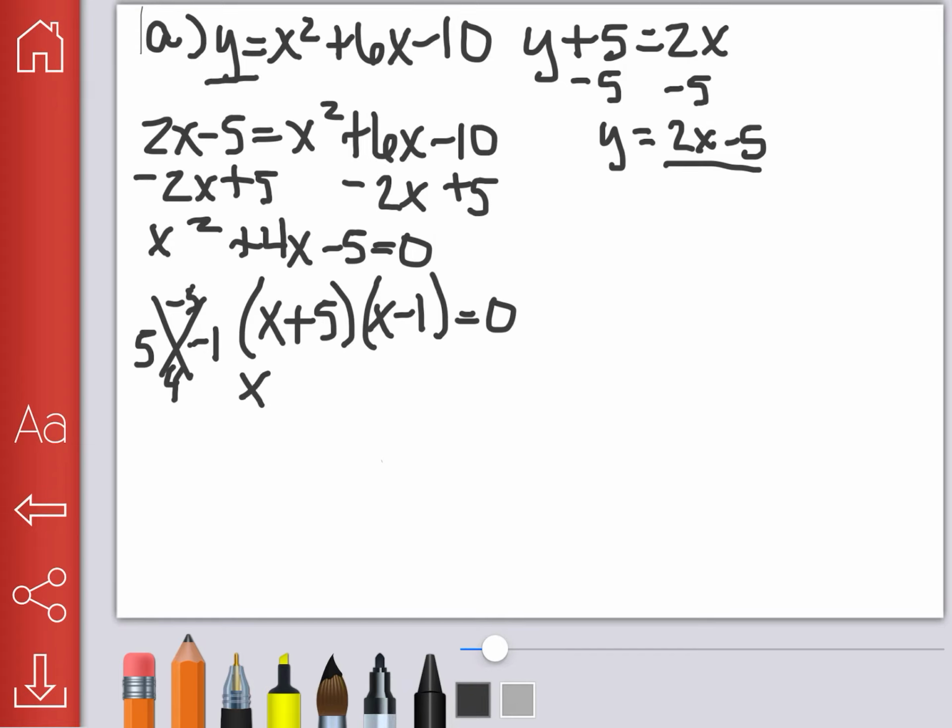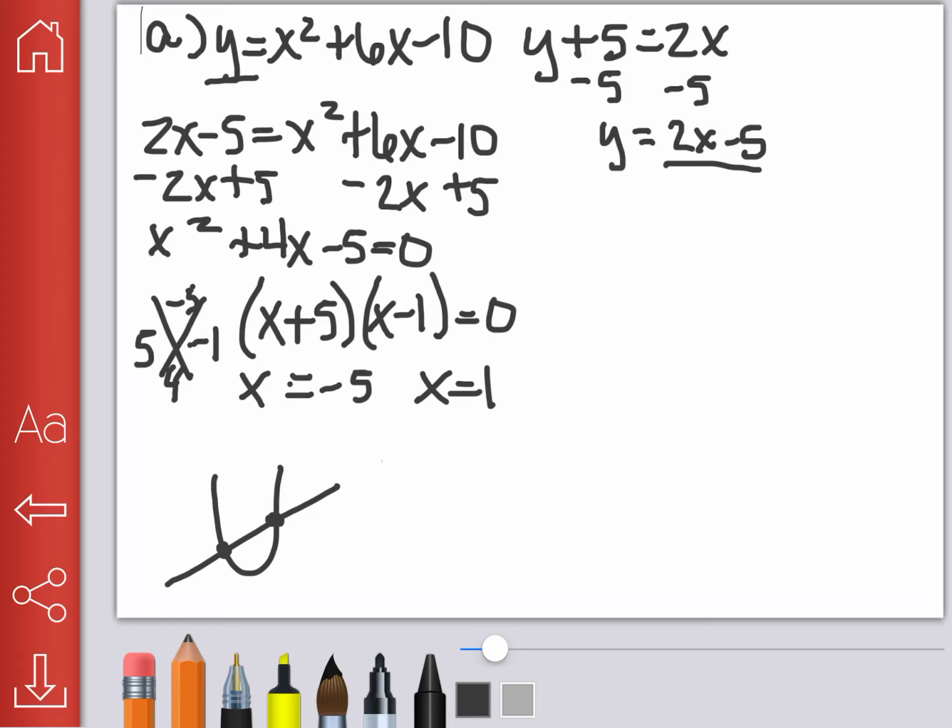So that would give me x equals negative 5 and x equals positive 1 as my two x values. But remember, this is a parabola and a line, so it's an upwards opening parabola and looks like a rising line. So it's where two points where they cross. So two points. So I need my x values, which I have, and my y values.